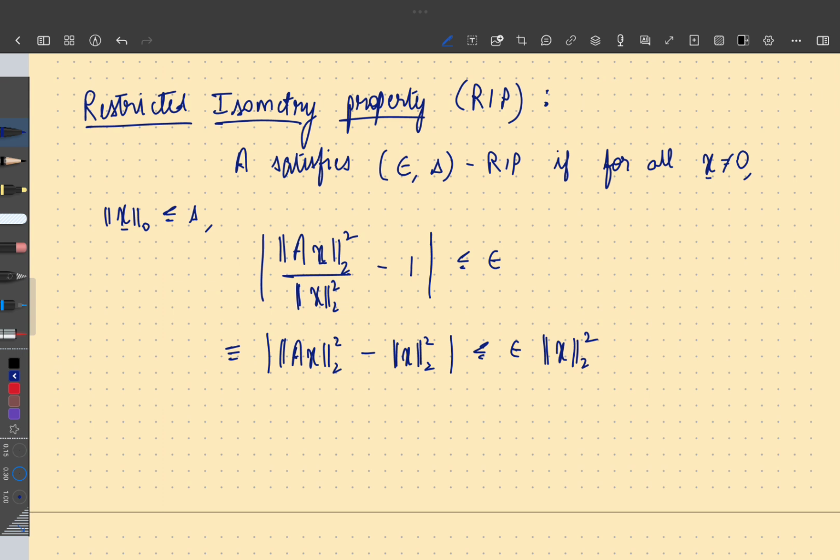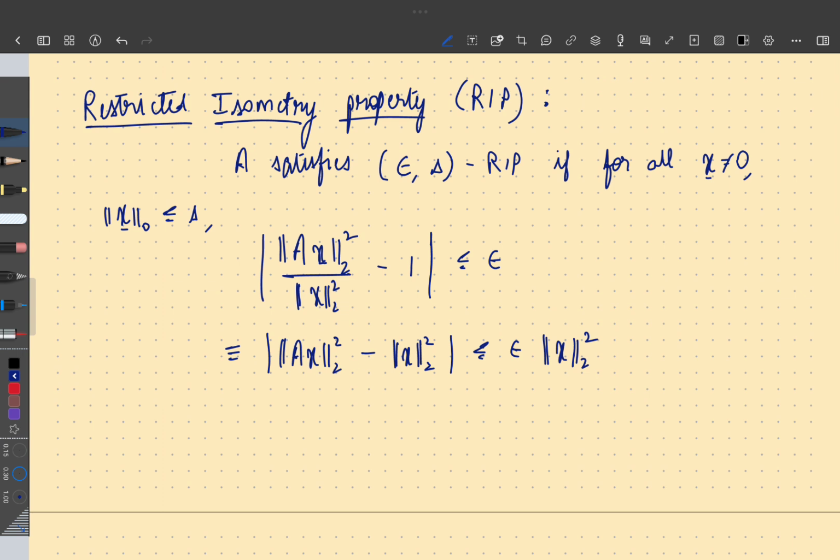Again, what we wanted in the case of the Johnson-Lindenstrauss lemma was very similar, except that instead of looking at the norm of A times x, we were looking at the distance between xi and xj, or in other words, the norm squared of A times xi minus xj.